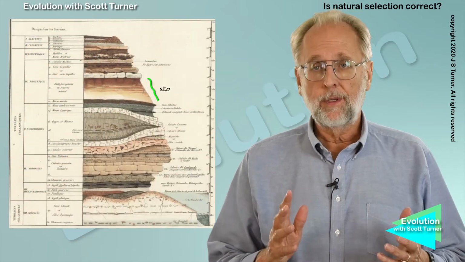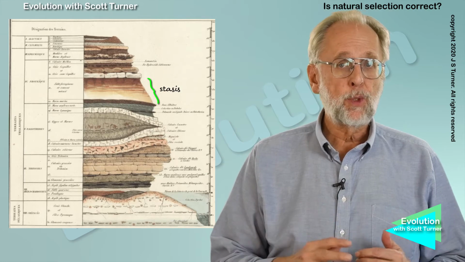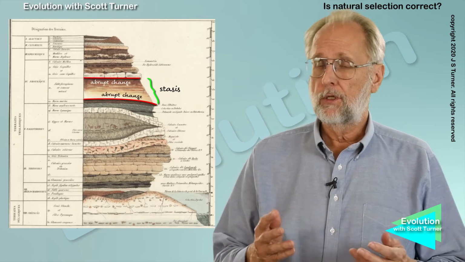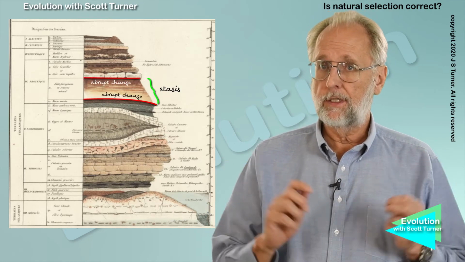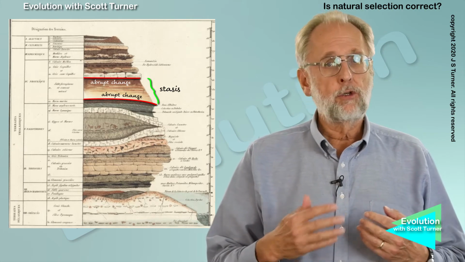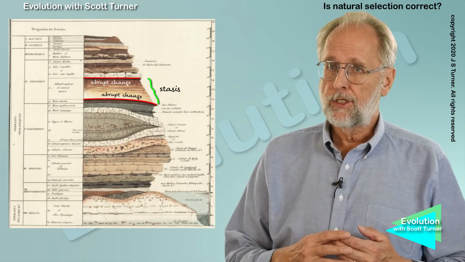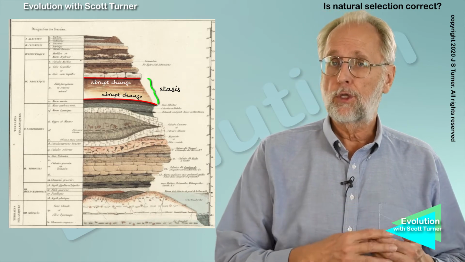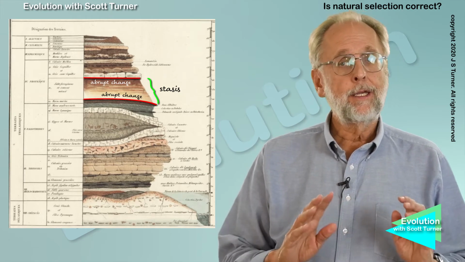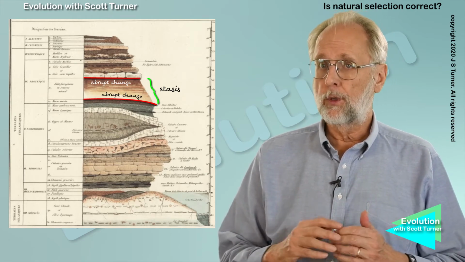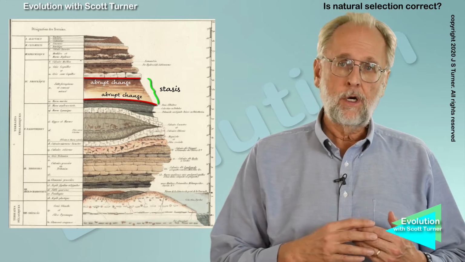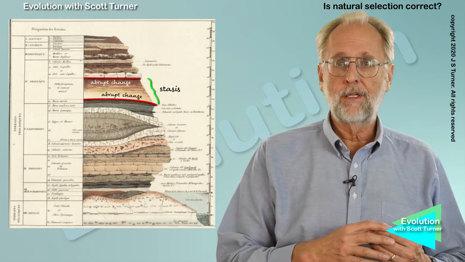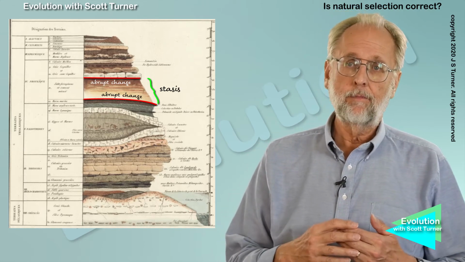Long periods of stability and little change interspersed with abrupt changes, which Cuvier labeled catastrophes. This was in direct contradiction to Darwin's conviction that if natural selection was correct, changes had to be imperceptibly slow and gradual. The problem for Darwin was that the fossil record existing then seemed to contradict this claim.